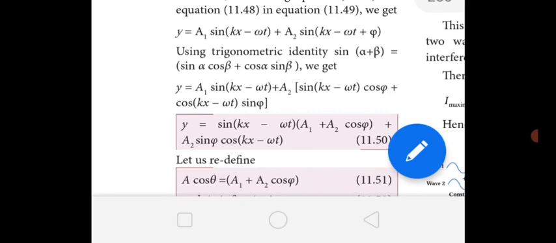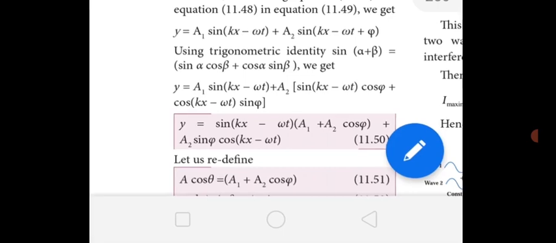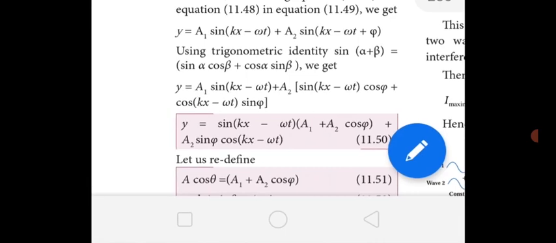Now we take the common terms. A1 sin(kx minus omega t) is taken as common, along with the A2 term. So it becomes sin(kx minus omega t) into (A1 plus A2 cos phi), and then plus A2 sin phi cos(kx minus omega t).